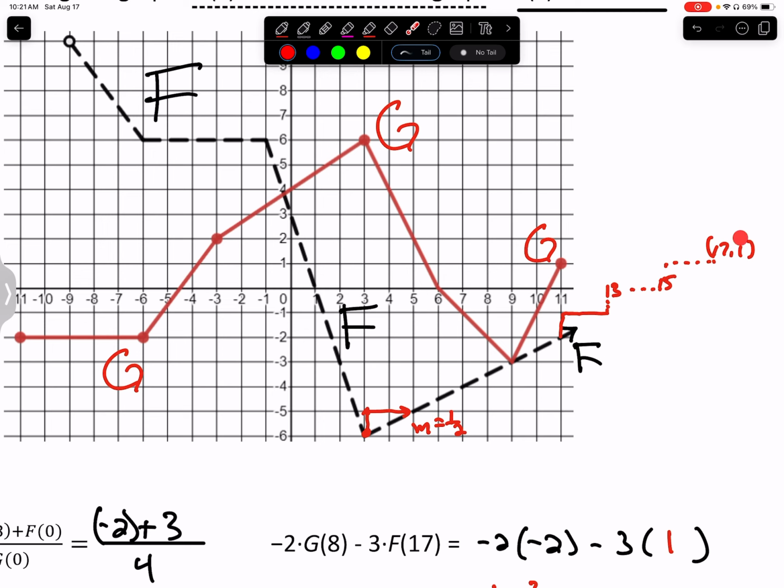So to get from 1 to 6, we're going to go up 5. If we're going to go up 5, that means we have to go to the right twice as much. We're going to have to go to the right 10. So we were at 17, 1. So if we go, once again, up 5, we're going to have a y value of 6. And right 10, we're going to have an x value of 27 because 17 plus 10 is 27.